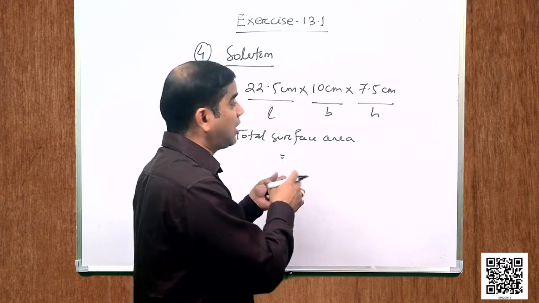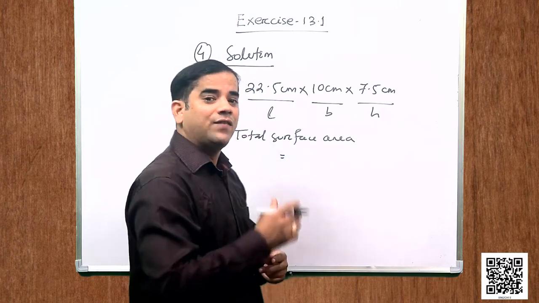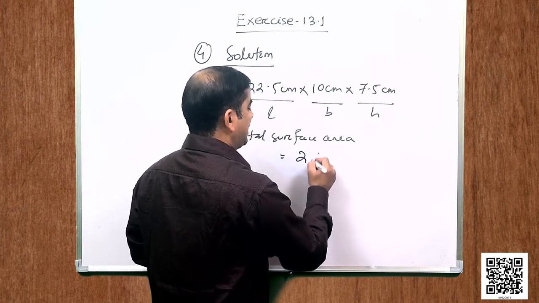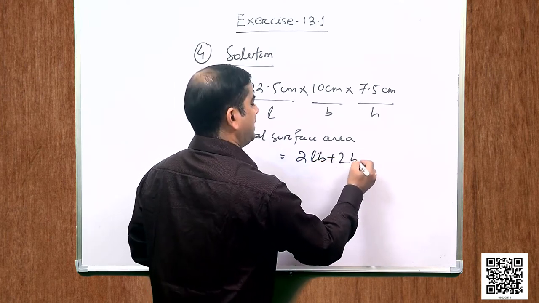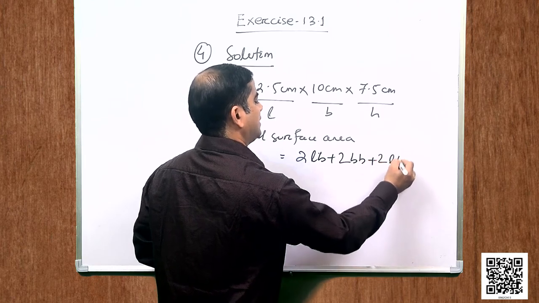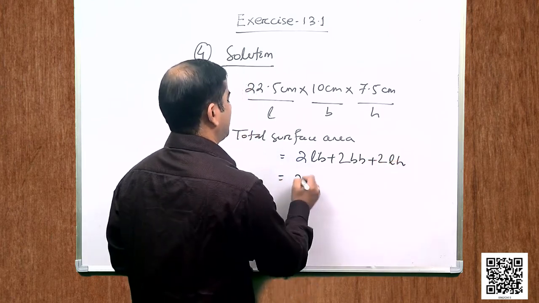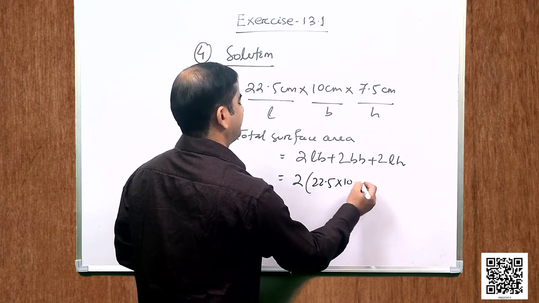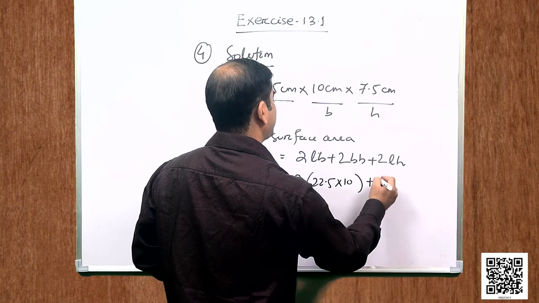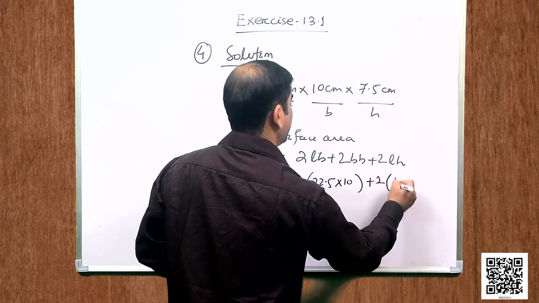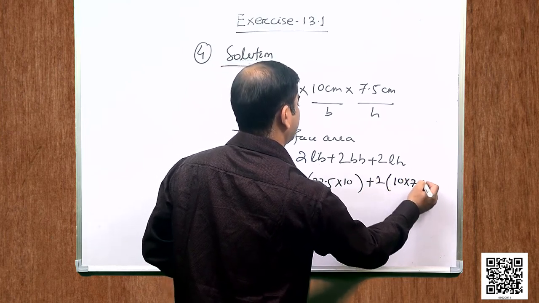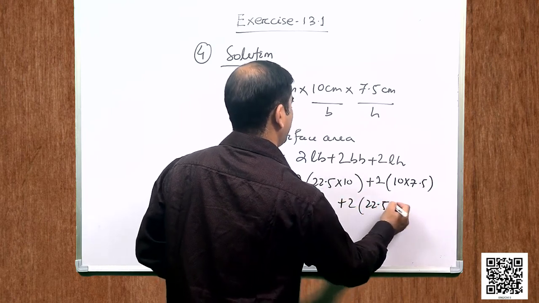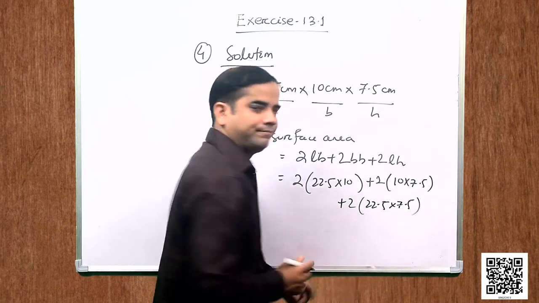So we need to find out the total surface area of each brick, that is 2LB plus 2BH plus 2LH. That is nothing but 2 into 22.5 into 10 plus 2 into 10 into 7.5 plus 2 into 22.5 into 7.5.